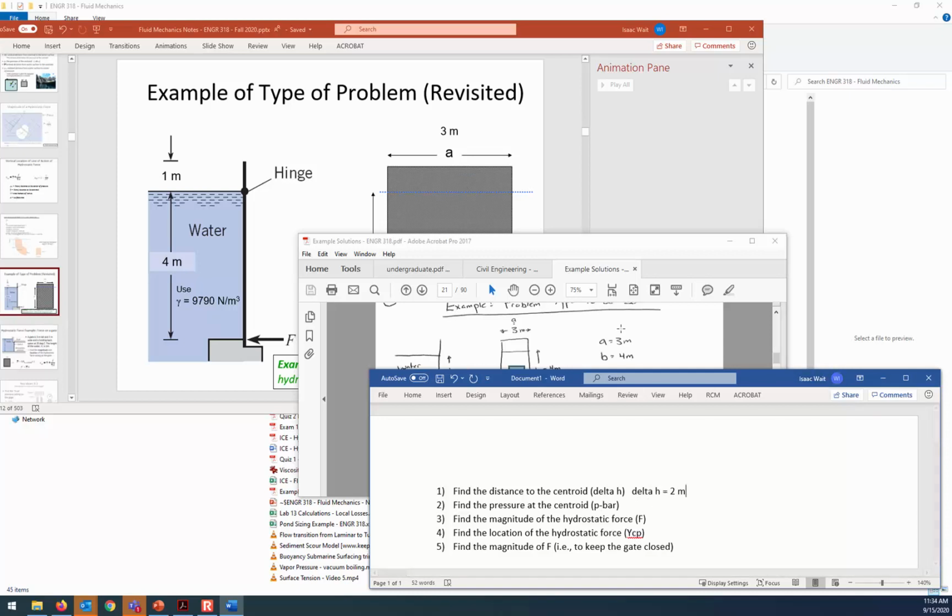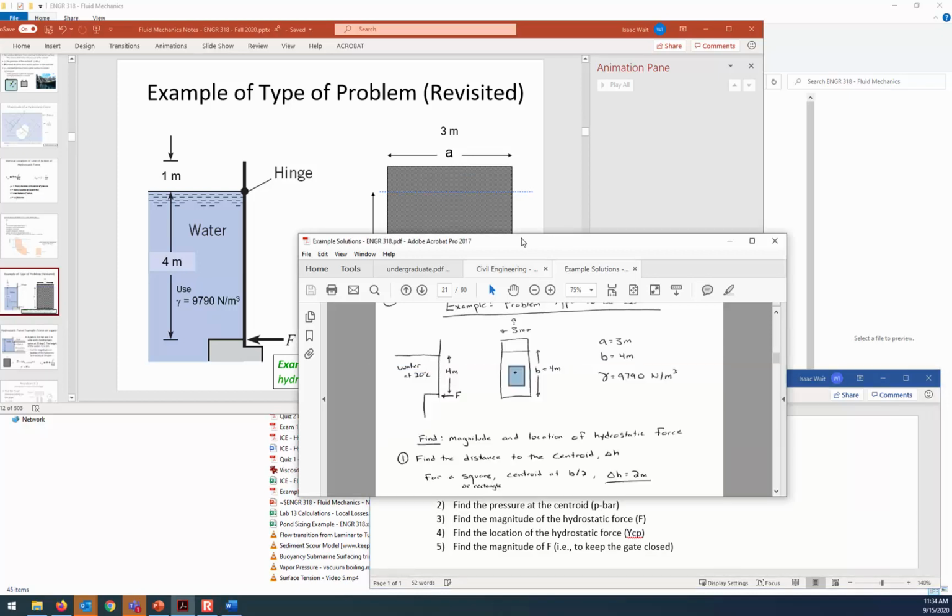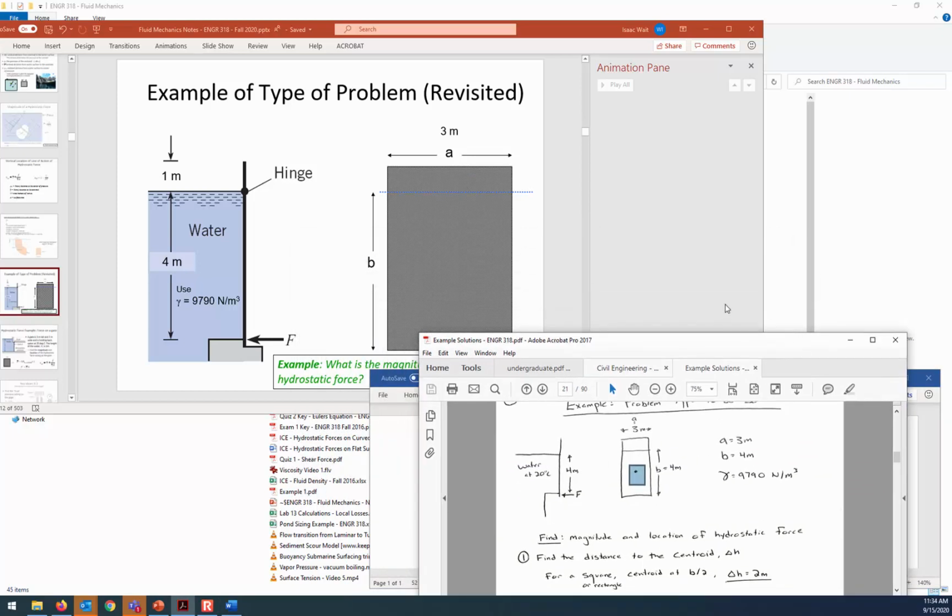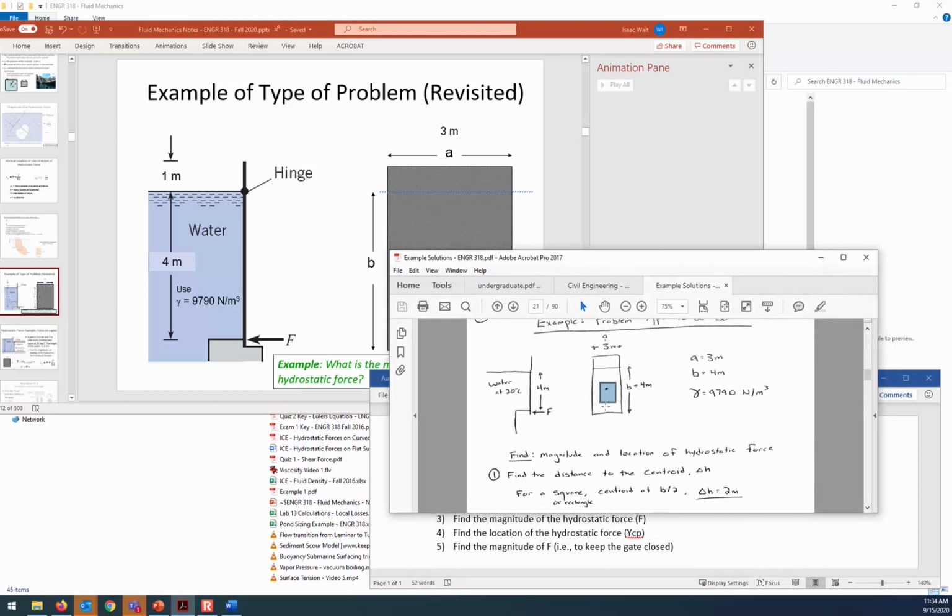The pressure at the centroid. All right, so you know the hydrostatic equation already. The hydrostatic equation is delta P is equal to delta H times gamma. So what is the pressure at this location that's submerged 2 meters beneath the water? If you've got your calculator handy, you can follow along.